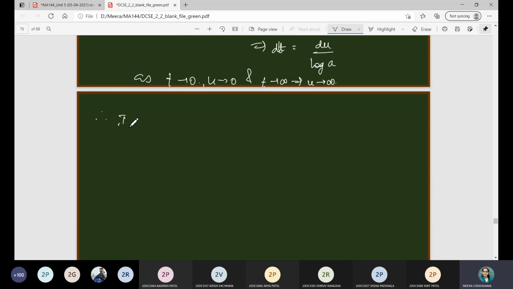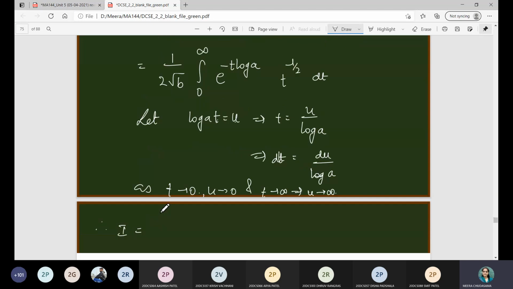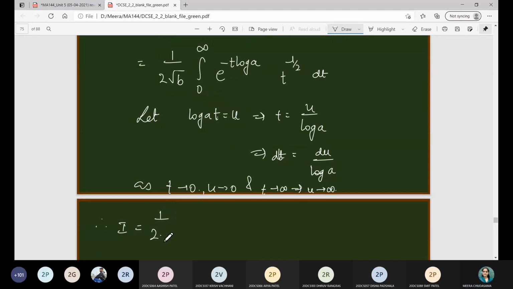So therefore I will become 1 upon 2 root b, integral 0 to infinity e raised to minus u, t raised to minus 1 by 2, so u upon log a raised to minus 1 by 2, dt. I have written it correctly, no?